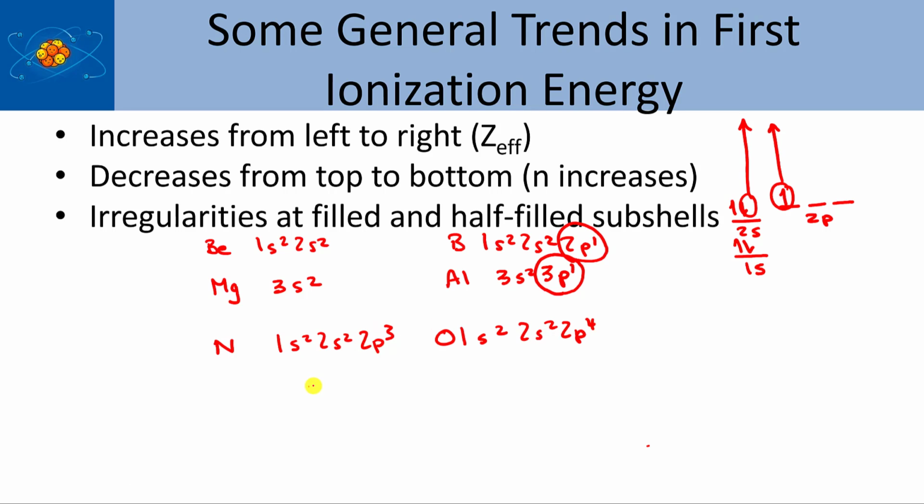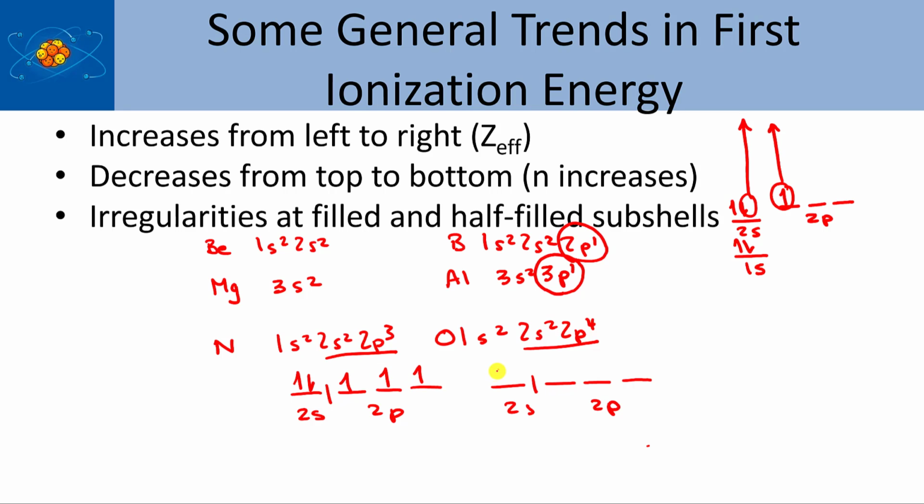When we do the orbital diagram, and now I'm just going to do the valence electrons, I have 2s and 2p, and then over here I have 2s and 2p. I have 1, 2, because I have the 2 that fill it, and then 1, 2, 3. So that's a half-filled subshell.